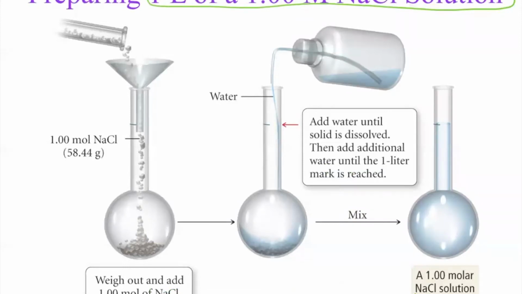I'm going to focus on the 1.0 molar. So I'm going to switch it just like I told you: 1.0 moles over liters, or 1.0 liters over 1 mole. That's what this means.